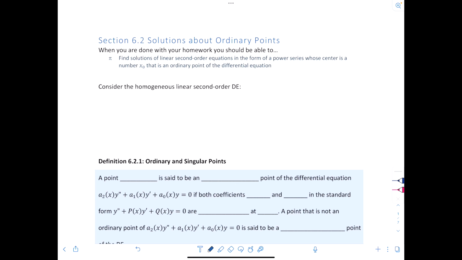So let's consider the homogeneous linear second-order DE: a sub 2 at x times y double prime plus a sub 1 at x times y prime plus a sub 0 at x times y is equal to 0.